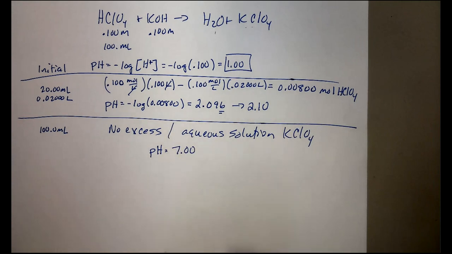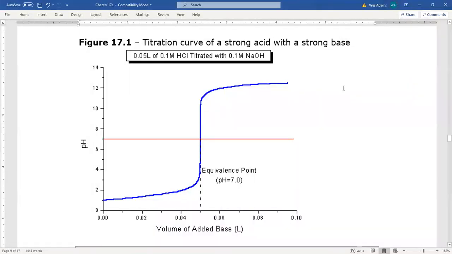And that's a strong acid, strong base. If I kept going, the pH would be determined by the amount of base that you've added in excess. So if we come back and look at the curve, you generate an S-shaped curve like this, where the equivalence point is represented by the red line. The equivalence point would be what?